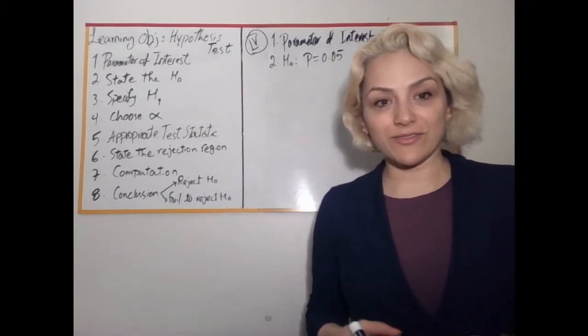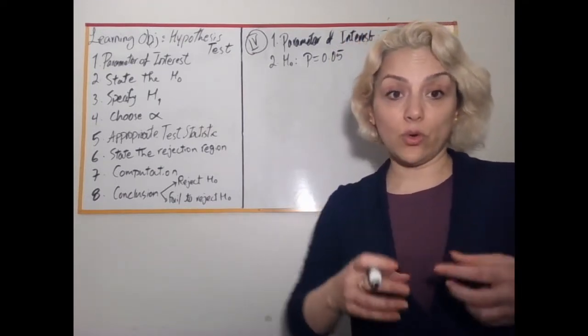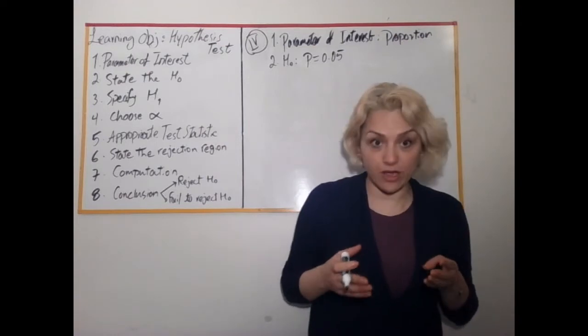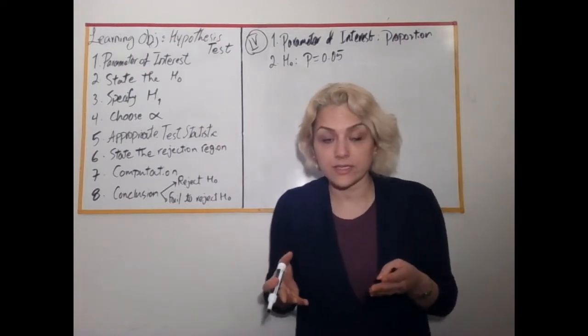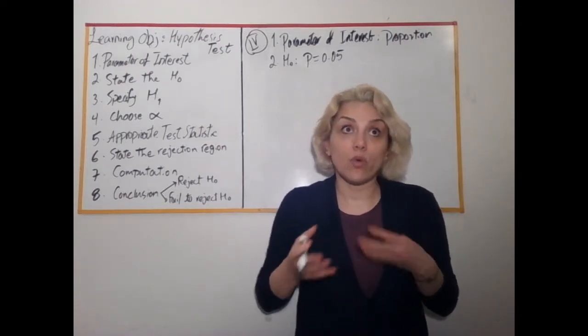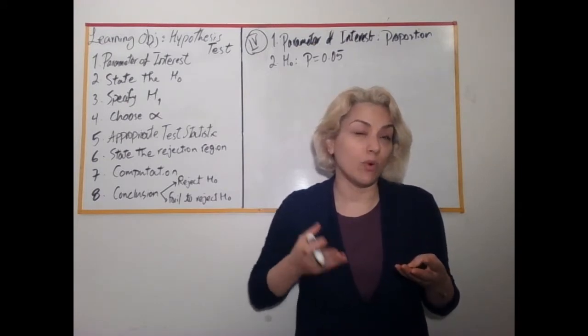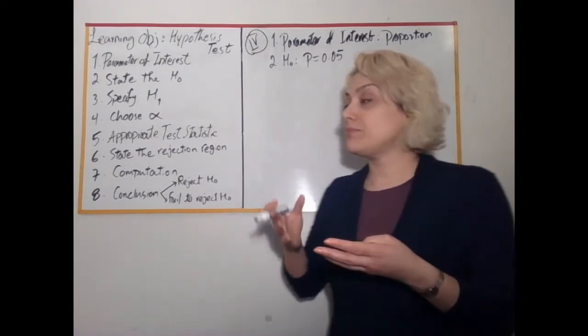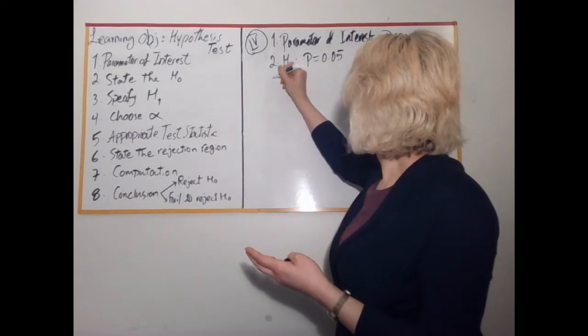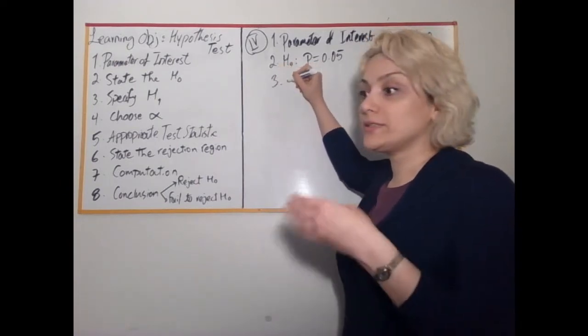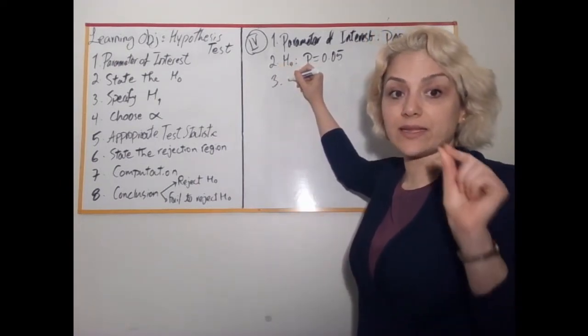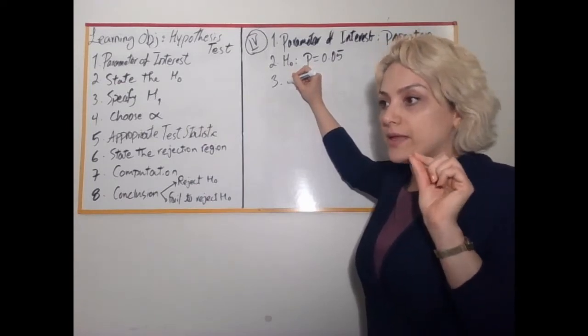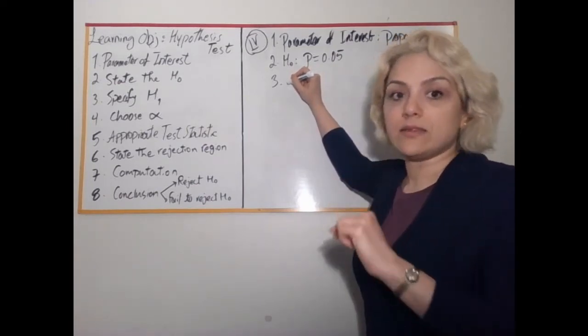For the alternative hypothesis, we said that we don't want the fraction of the defective products to be more than 0.05. So it means that we don't want it to exceed. When you read the question, it's written "does not exceed" some number.